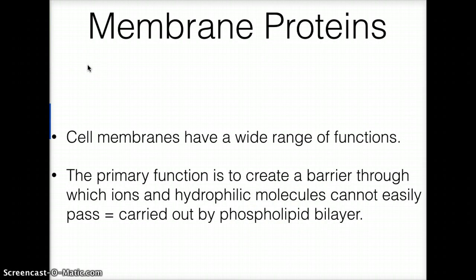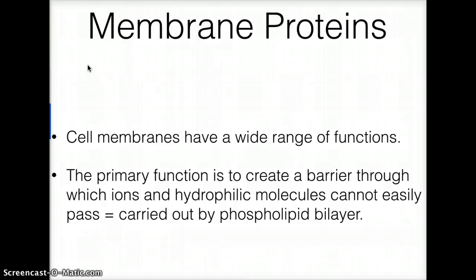So the membrane doesn't only have one function, but various functions, as the phospholipid bilayer is not rigid but fluid, flexible and very dynamic, and the membrane proteins have some functions. Cell membranes have a wide range of functions.